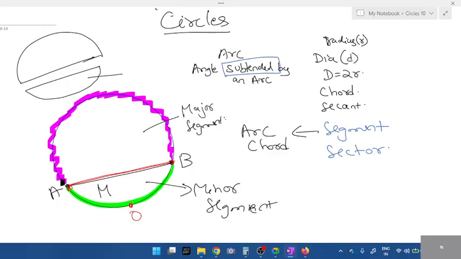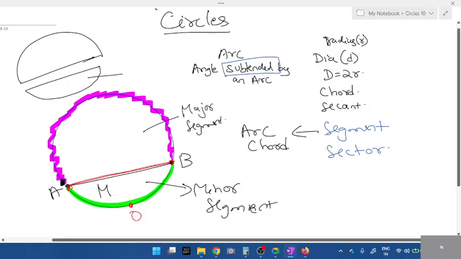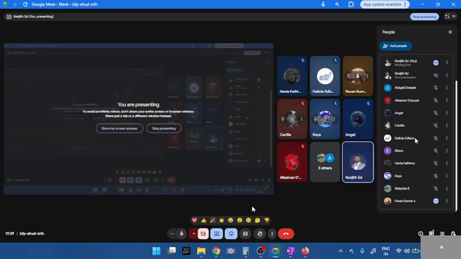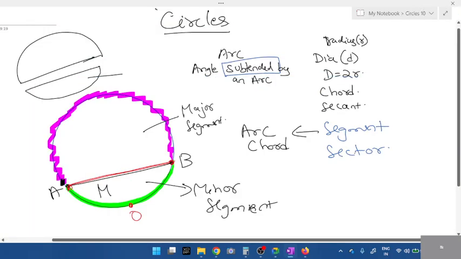So are you all thorough with segment, students? Meaning of segment? So, what is segment? Segment is made up of chord. Next, sector. Remember segment and sector.